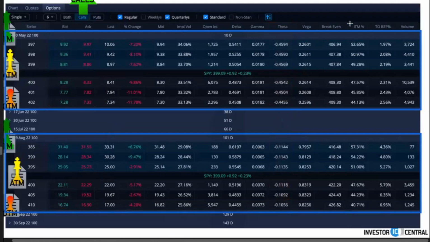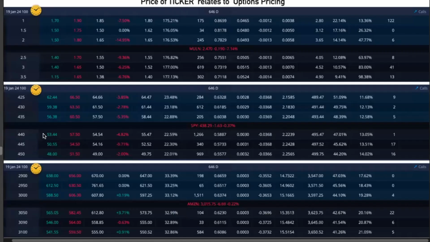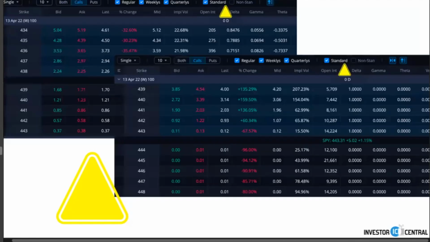In addition, I want you to take a look at implied volatility. For something like SPY, that 20 to 30, 35% range isn't too bad. But what you may notice from time to time is that you may come across particular trades or particular tickers that have much, much higher implied volatility.